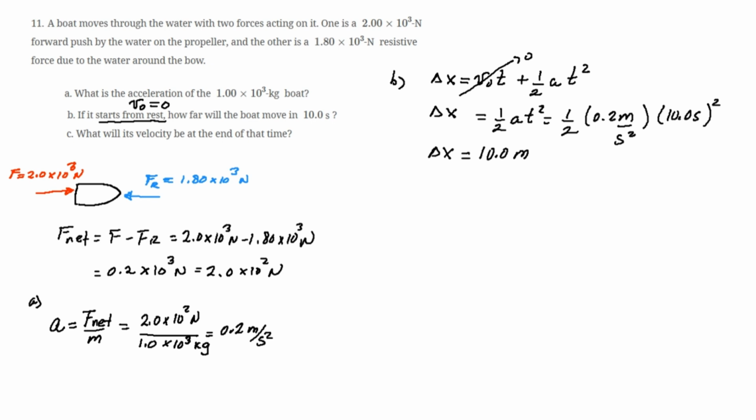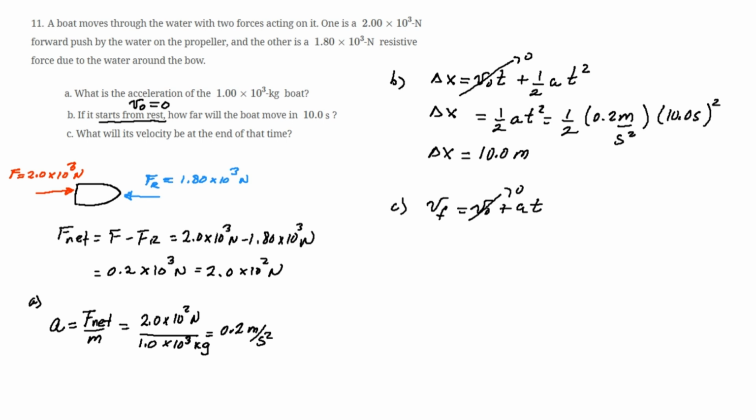Now, the next step is to find the velocity at the end of these 10 seconds. I know the acceleration of the boat, I know the time, and I want to find the final velocity of the boat. There is another equation of kinematics that relates these variables: v final is equal to v initial plus a t.